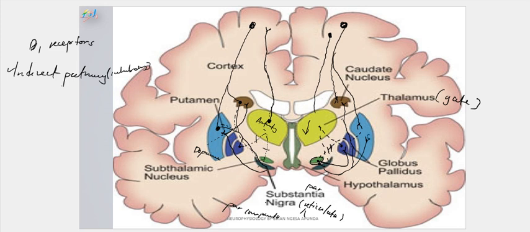So when dopamine is released, remember, speaking grossly, dopamine is normally an inhibitory neurotransmitter.